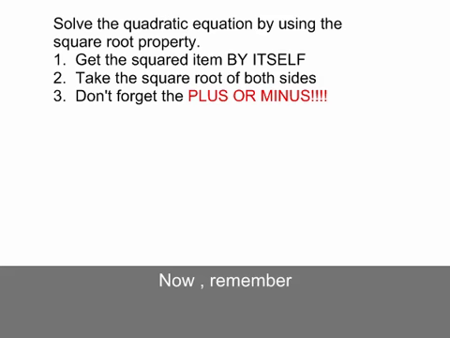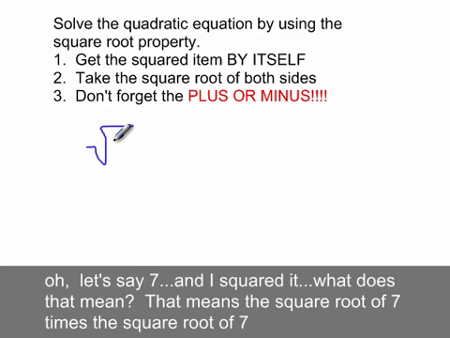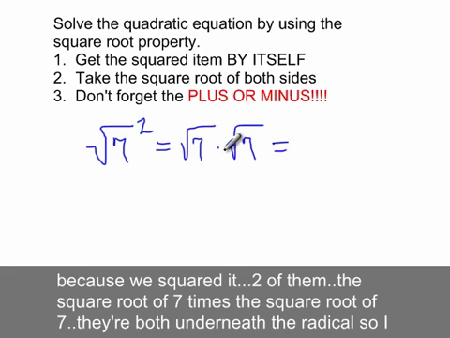Now remember, I previously told you that if I had the square root of, let's say, 7, and I squared it, what does that mean? That means the square root of 7 times the square root of 7, because we squared it, two of them.